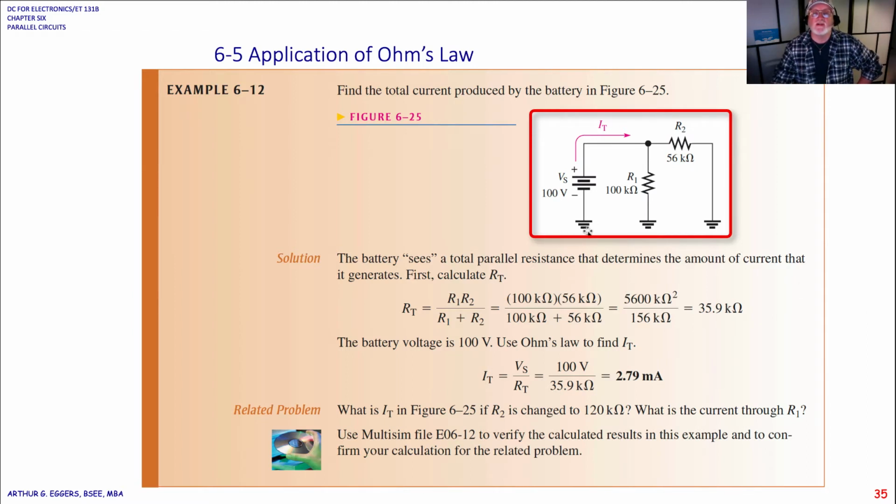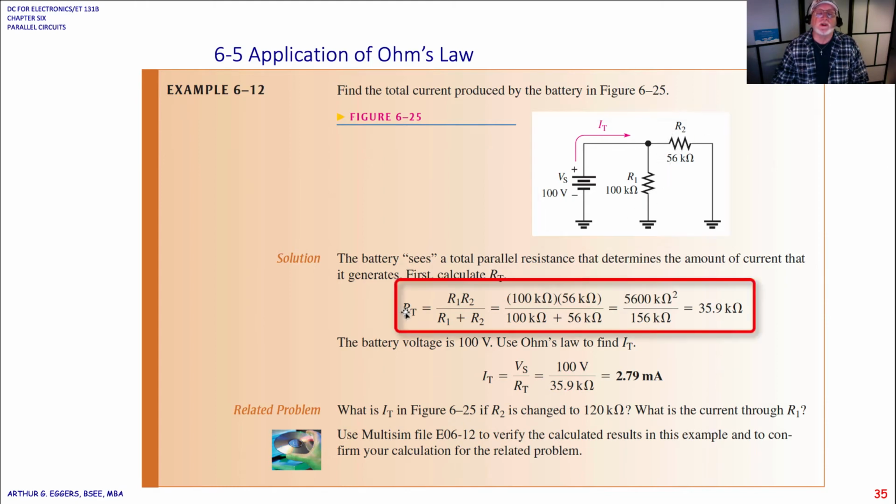Don't let the little ground symbols throw you. R1 and R2 are in fact in parallel with each other. So let's determine the total current produced by the battery in this case. So we don't know anything about the branch currents, so we need to determine what the total current is by finding the total resistance over here.